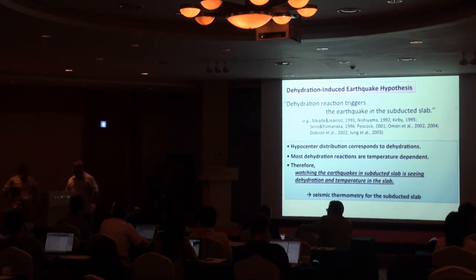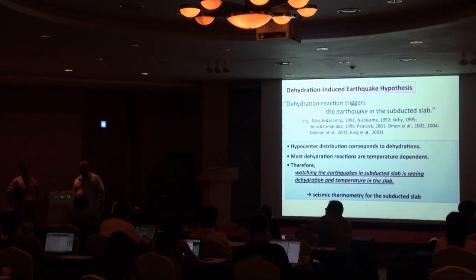Very quick. We're running very, very late. Okay, sorry. Well, about the question raised, there are some experiments by Chernak and Kirby showing that there is not that much dehydration embrittlement. But in previous work, there are also many experimental data showing that dehydration embrittlement occurs, starting from the experiment by Raleigh and Paterson in 1965.